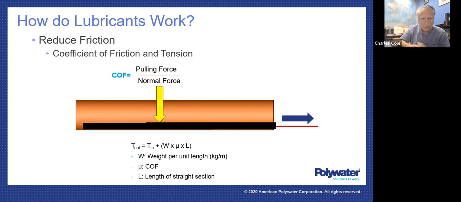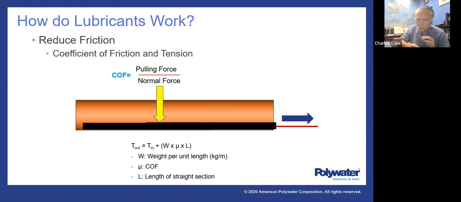So the weight of the cable, the coefficient of friction, and the length that you're pulling will determine how much tension is being created on the cable as it's being pulled through a duct. Okay, so if we can reduce the coefficient of friction, we can reduce the pulling force required, and therefore the tension on the cable.